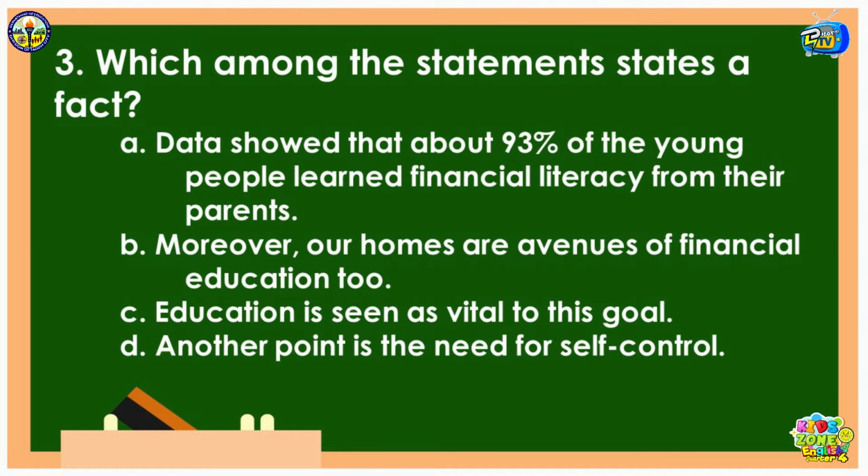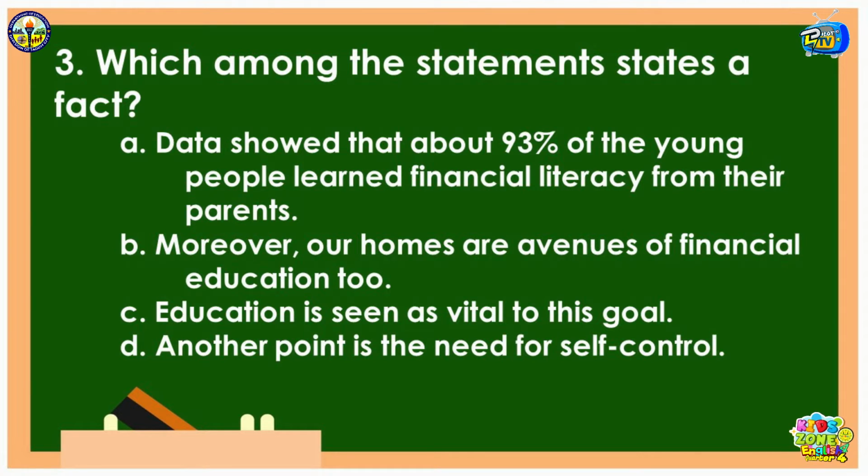Number 3. Which among the statements states a fact? A. Data show that about 93% of the young people learn financial literacy from their parents. B. Moreover, our homes are avenues of financial education too. C. Education is seen as vital to this goal.